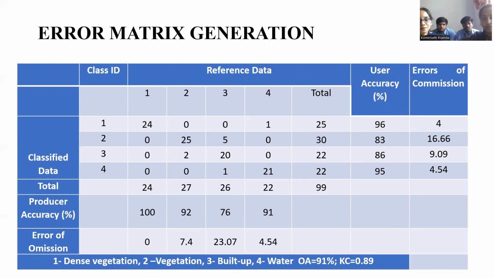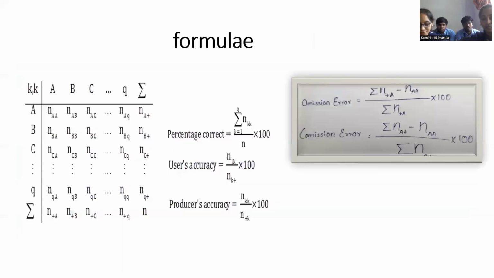The number of total pixels equals the number of sample pixels. It finds the user accuracy and error of omission using formulas.